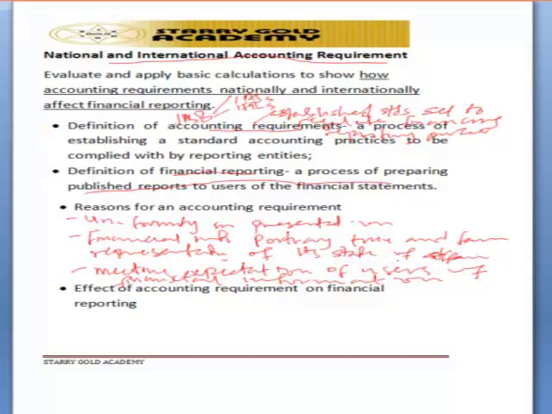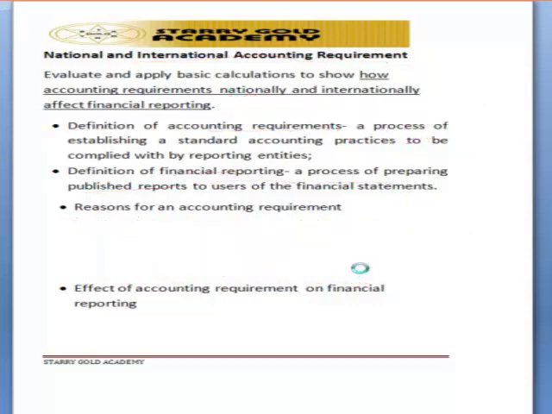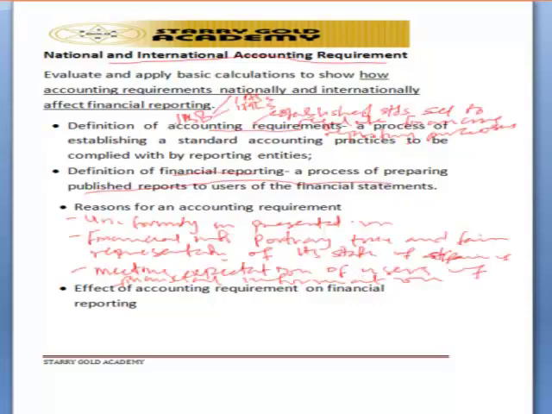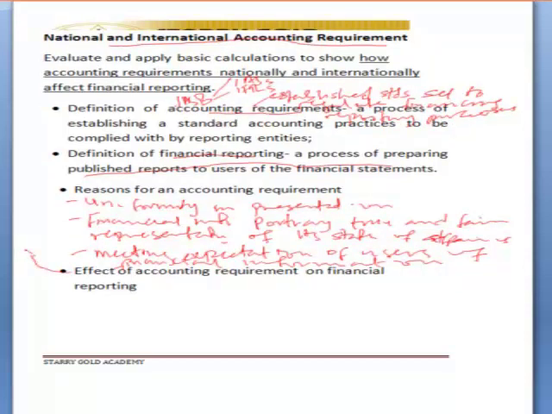It is when they become useful to a selected set of users that they become valid information. So one of the reasons for accounting requirements is that it needs to make sure that the expectations of users of the financial statements are met. And how do you meet the expectation of users of financial statements? You meet the expectation of users of financial statements by the concept of what we call transparency in figures.